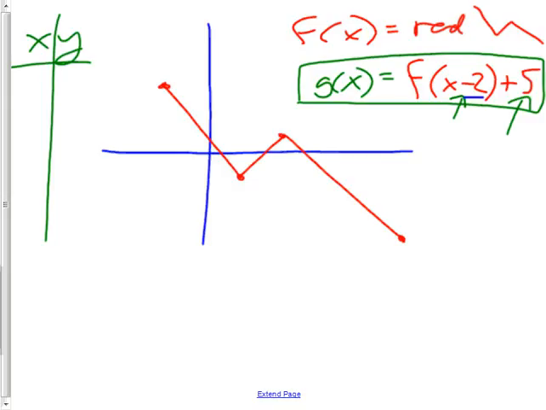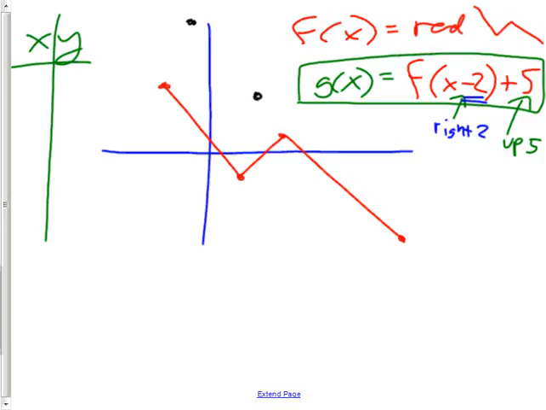I think it's just easier to take each of these dots. And what does this minus 2 mean? Right 2. And I take all the dots and move them to the right 2. And what does this outside 5 mean? Up 5. So if I take all my dots and move them right 2 and up 5, take this dot, move it right 2, up 5.